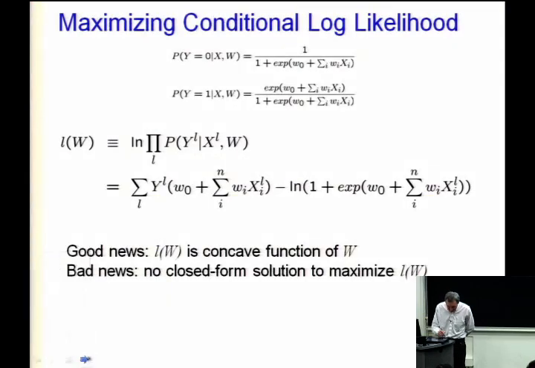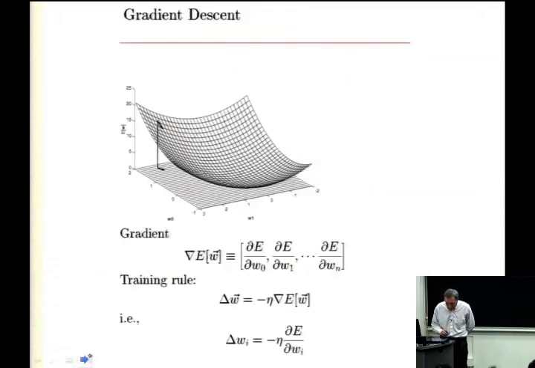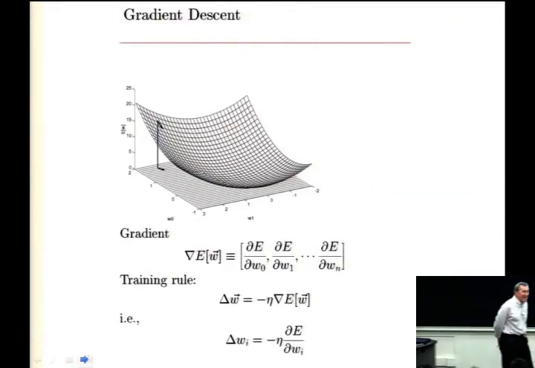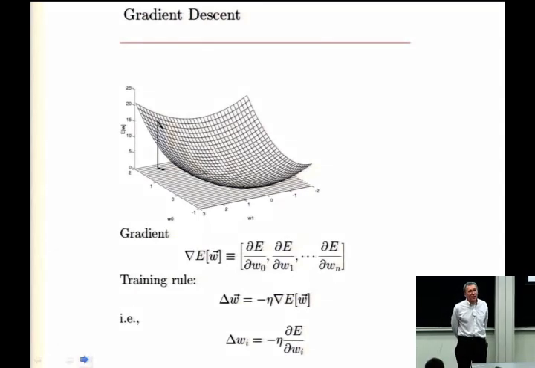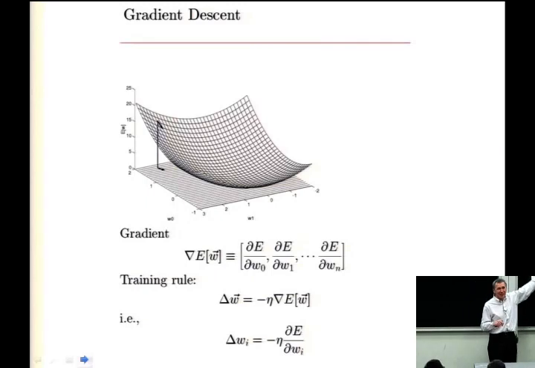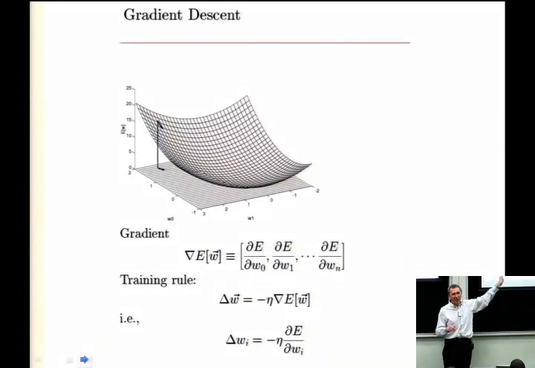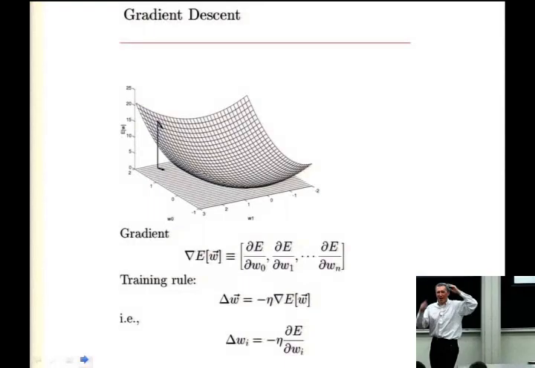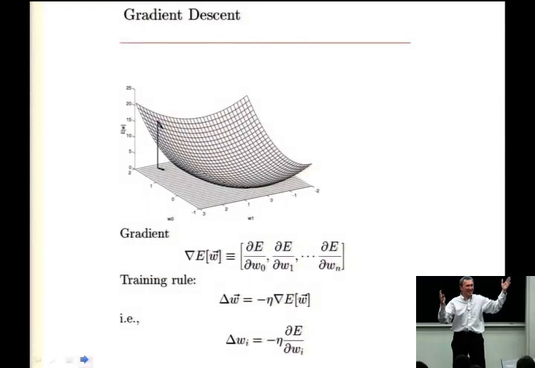So let's look at how we would solve it. Actually, this doesn't qualify as one of the 3.5 big pictures that I was talking about before in the midterm. But if you don't already have this picture in your head, you should put it in there. It's a very valuable picture. This is a picture that characterizes gradient descent.